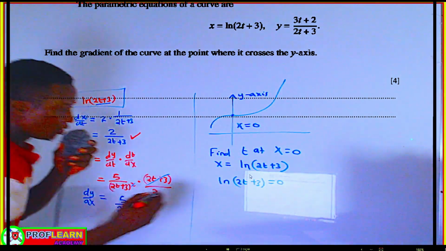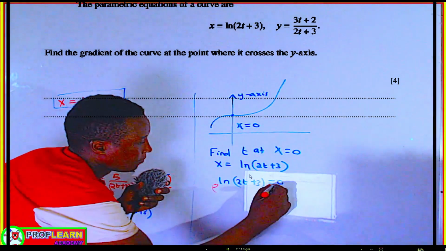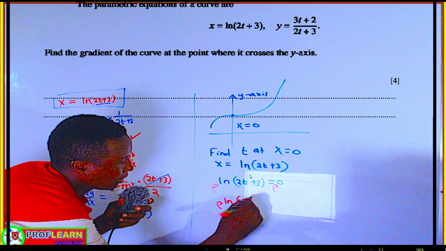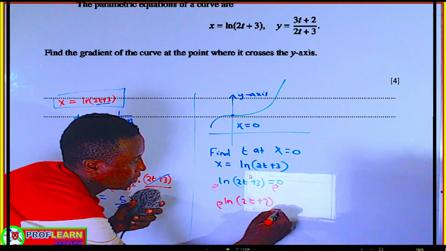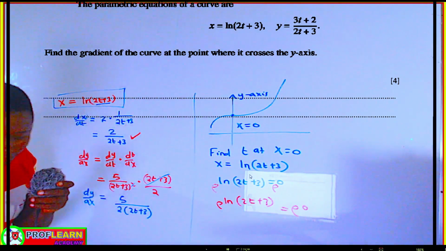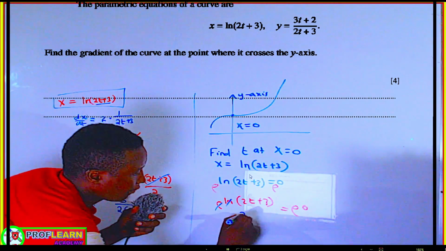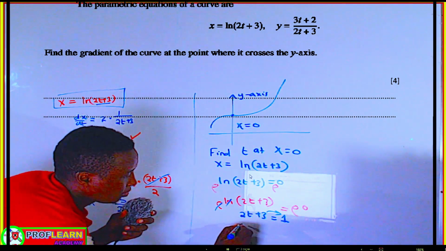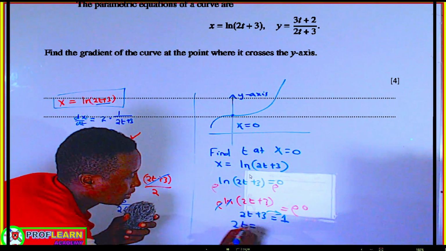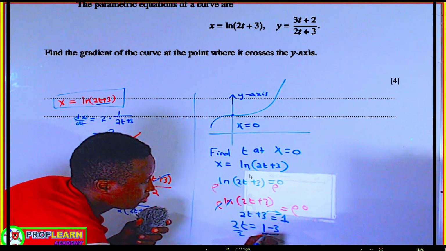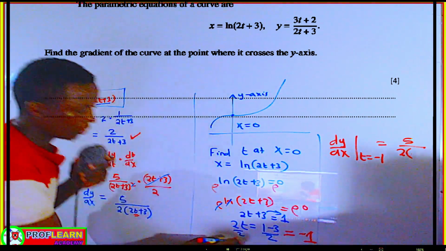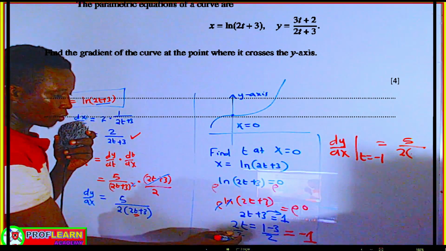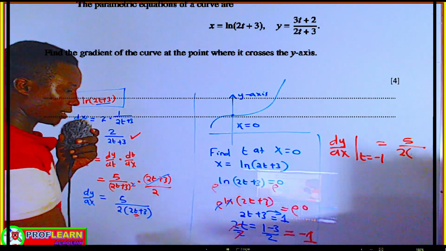In order to find the value of t at this point, we're going to take the exponent of both sides, and having e to the ln of 2t plus 3 is equal to e to 0, and that will mean that this cancels out. We shall have 2t plus 3 equal to 1, and we shall take the 3 to the other side. We shall have 2t equals 1 minus 3, divided by 2 both sides, because 1 minus 3 you are going to get negative 2, divided by 2, and we are going to get negative 1.